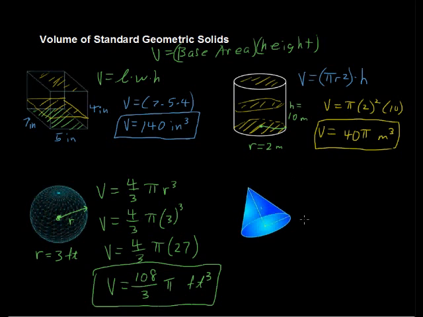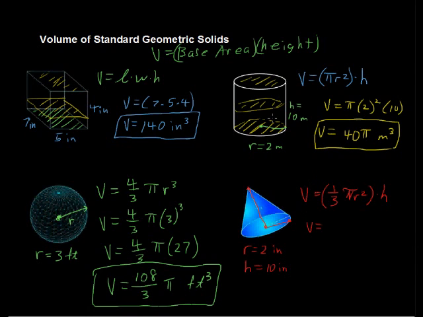Last, the cone. The cone formula is very close to base times height. It is V equals 1/3 of the base times the height. So 1/3 pi r squared, and then times the height. So V equals, let's put in some radius and height. The height is from the base up to the peak here. Let's say the radius equals 2 inches and the height equals 10 inches.